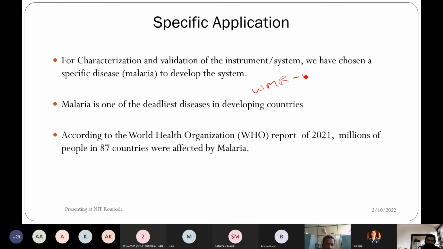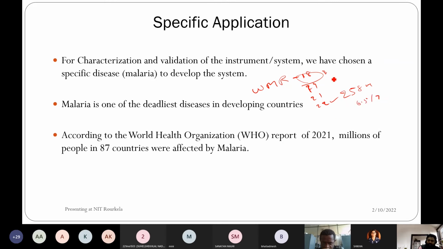Between 2019 and 2021-22, the numbers were going down, but due to effects like the COVID pandemic and other things, malaria cases and estimated deaths increased again. In the 2020 and 2022 reports, close to 258 million cases were estimated, and almost 6.5 or 7 lakh deaths.